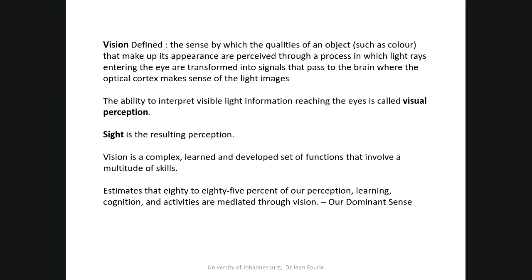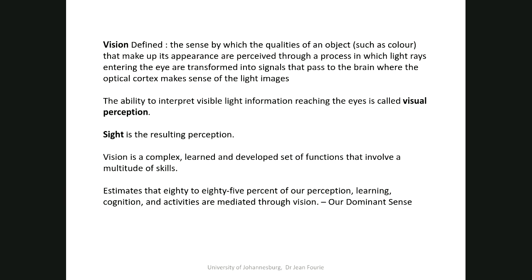It takes a long time for the optical cortex to establish the neural network so that the brain can make sense of the world that it is seeing. So it is a complex set of skills that are required when we are making sense of this thing called vision.